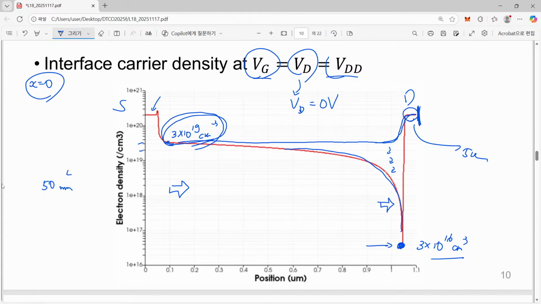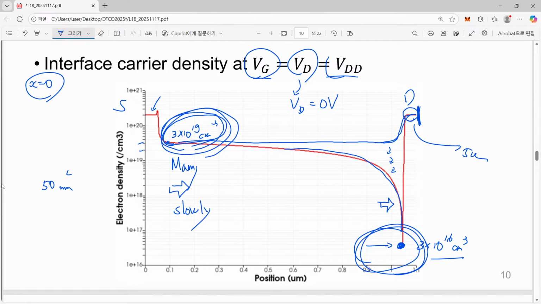Then how can you match this huge difference? Of course, electrons at this point move much faster than electrons here. So although we have the same current, there are many electrons slowly moving here, and there we have a few electrons that are quite fast. So that's the way we match the current continuity.